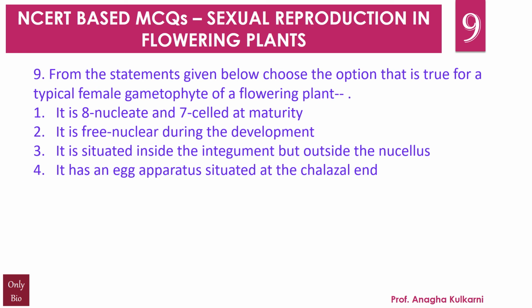Fourth, it has an egg apparatus situated at the chalazal end. And your options are A. 1 and 4, B. 2 and 3, C. 1 and 2, D. 2 and 4. And the correct answer for this question is C. 1 and 2 are correct for the typical female gametophyte.